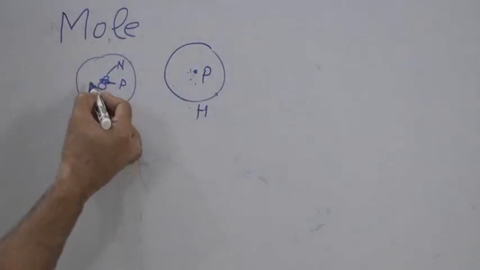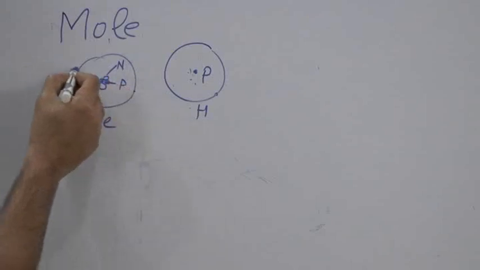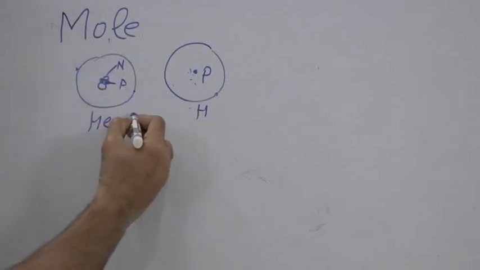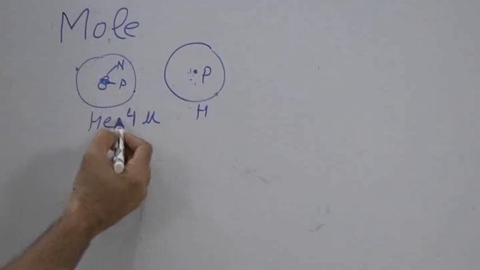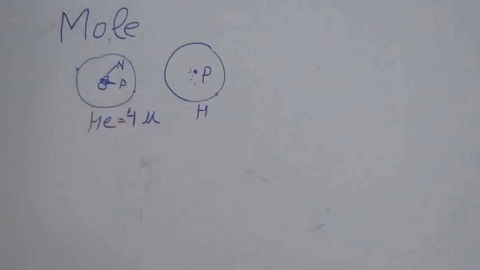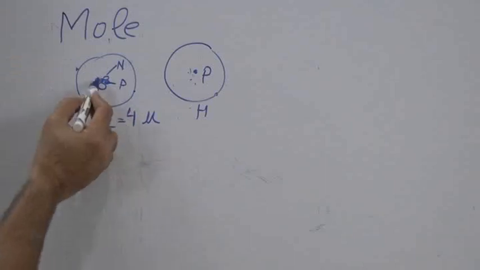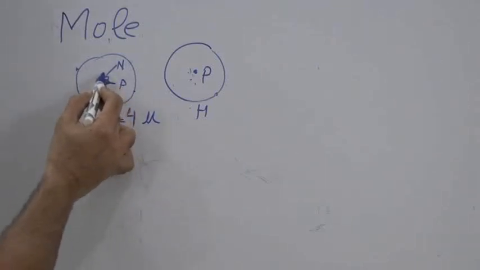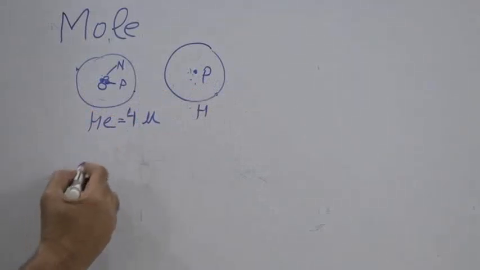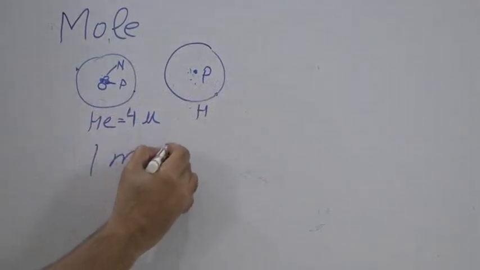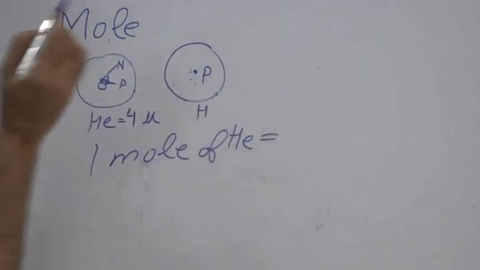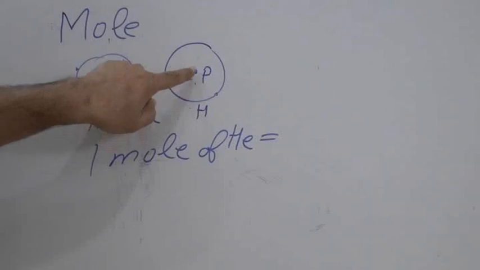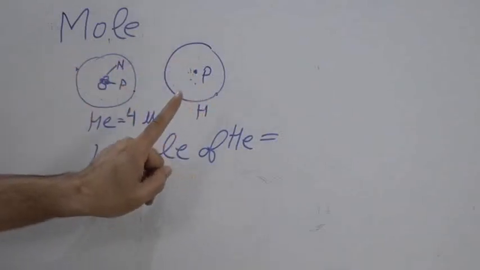Therefore, we can approximate all these as 4 U. If we take 1 mole of this, what would be the mass of 1 mole of He? 1 mole of 1 U weighs 1 gram.